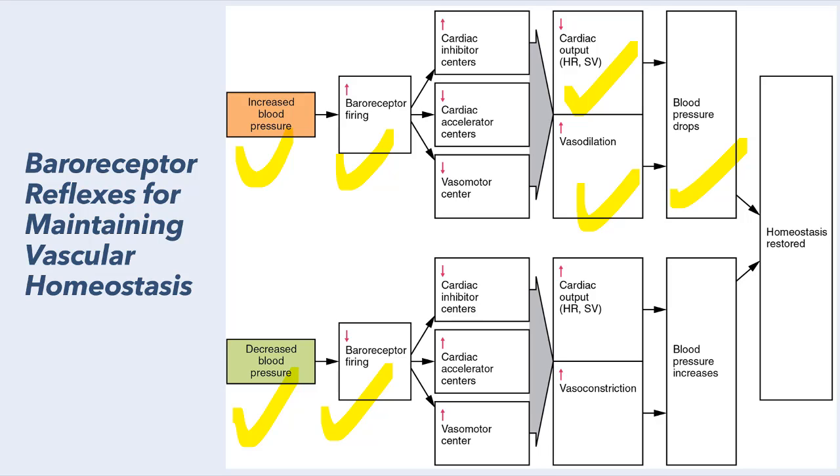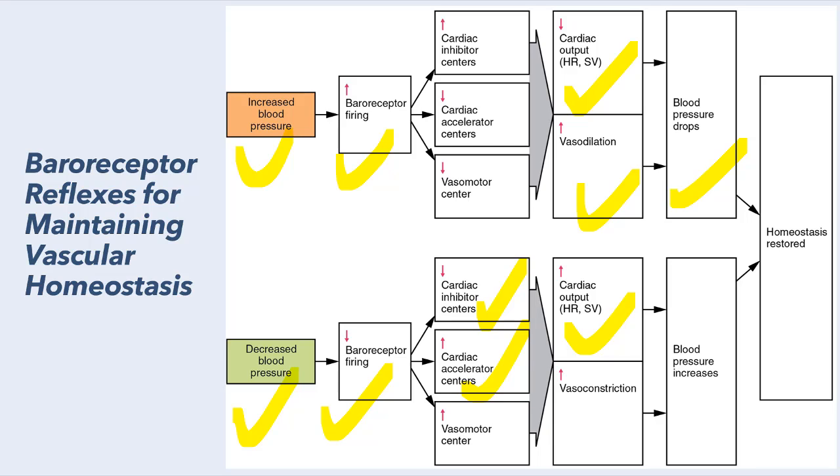They're sending signals at a lower rate, and that will lead to a decrease in parasympathetic stimulation and an increase in sympathetic stimulation because we want the heart to beat faster, we want the stroke volume to go up, and so that's going to cause a stimulation of the sympathetic division, causing an increase in heart rate and force of contraction.